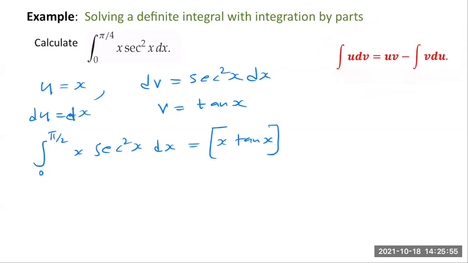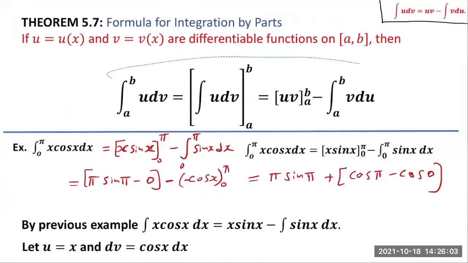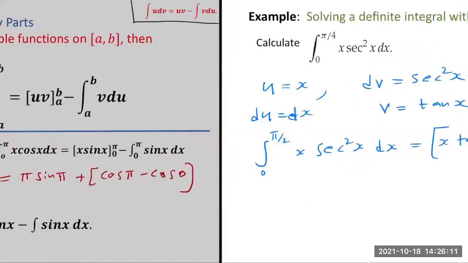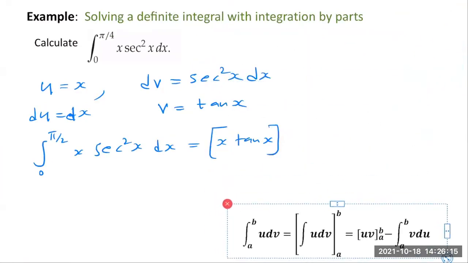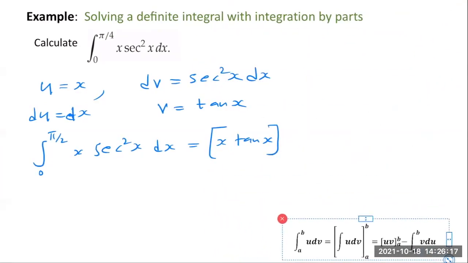So let me copy the correct formula there. Here you have the formula. So you have to put the limit for the uv product.